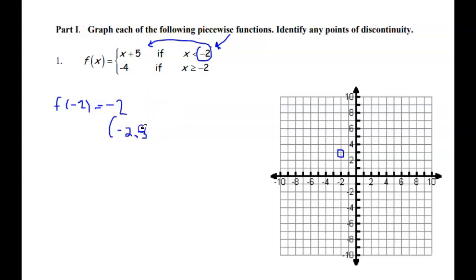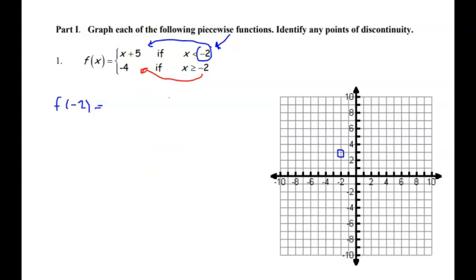Now I'm going to find out what my boundary point would be when x is greater than or equal to -2. So that means I plug -2 into this function. Look at this. This is saying y equals -4. So for every single x value, no matter what, my y is going to be -4.